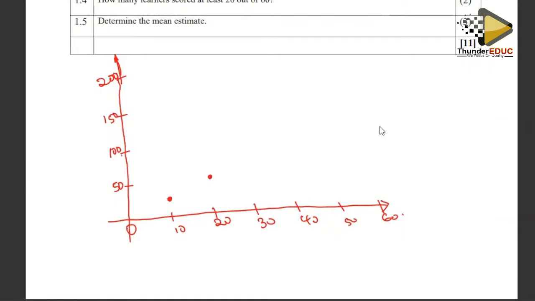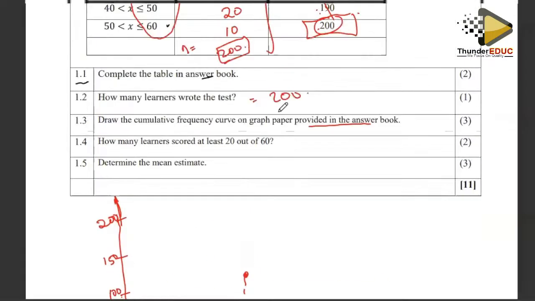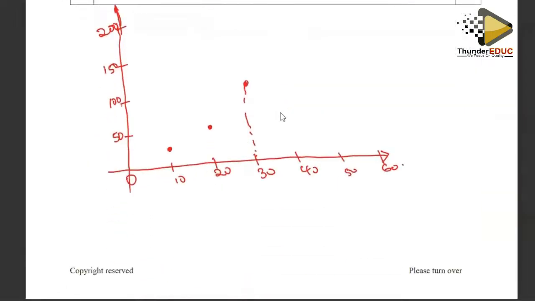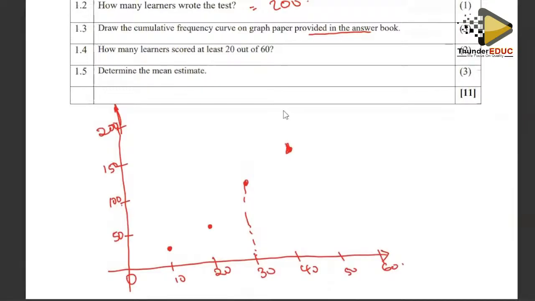Then 30 is going to go with 120, and 40 is going to go with 170, which is slightly close to halfway the mark. Then 50 is going with 190, and 60 becomes the 200.